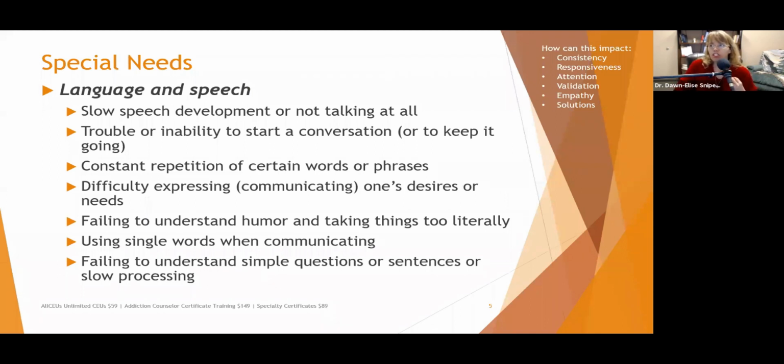With children with autism, they may have slow speech development or not talk at all. This can be very difficult for parents because it's hard to connect and engage with a child who is nonverbal, who is mute, even, especially if they won't or cannot even sign.